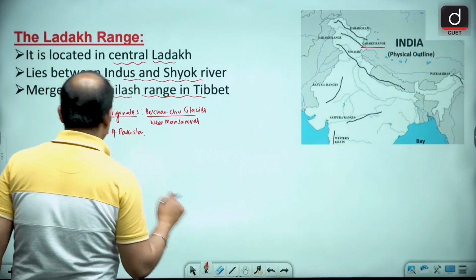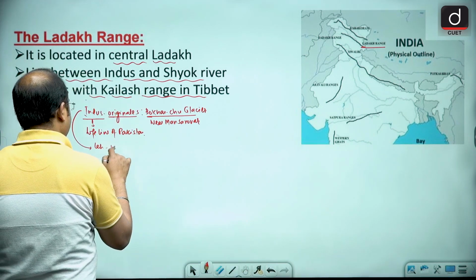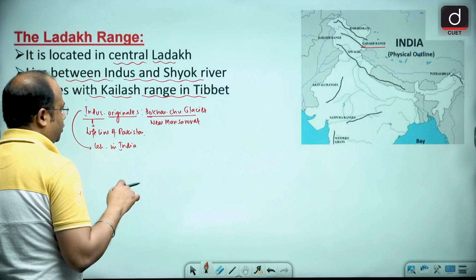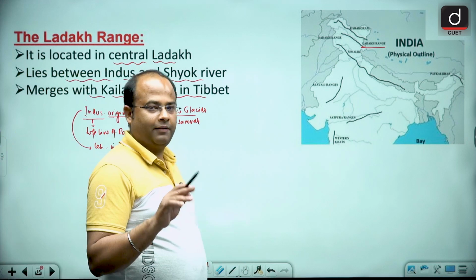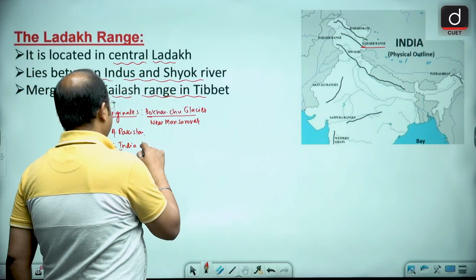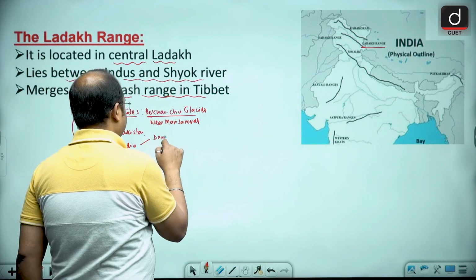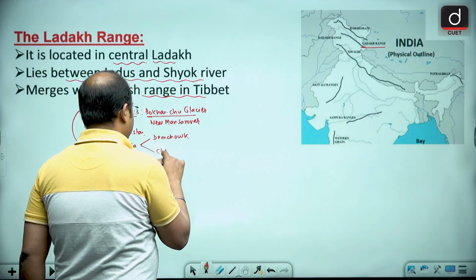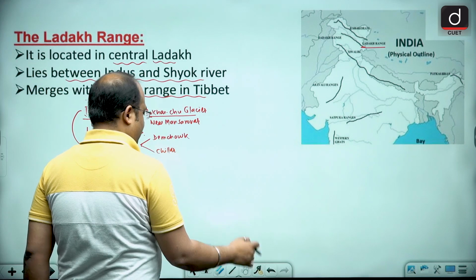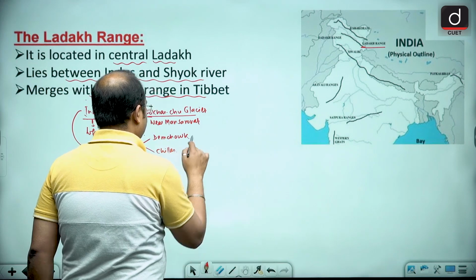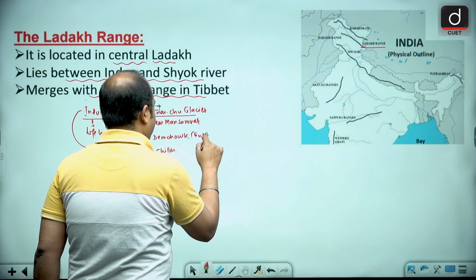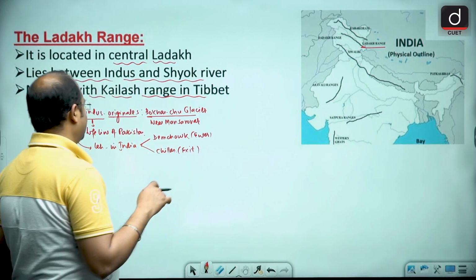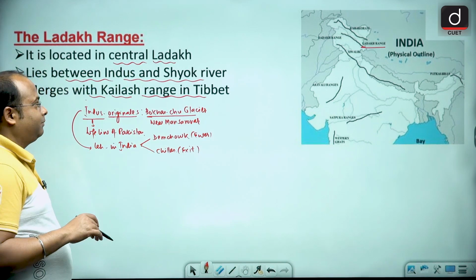It enters India from Demchok and exits India from Chillas. So it enters India from Demchok and exits from Chillas, and it is called the lifeline of Pakistan.